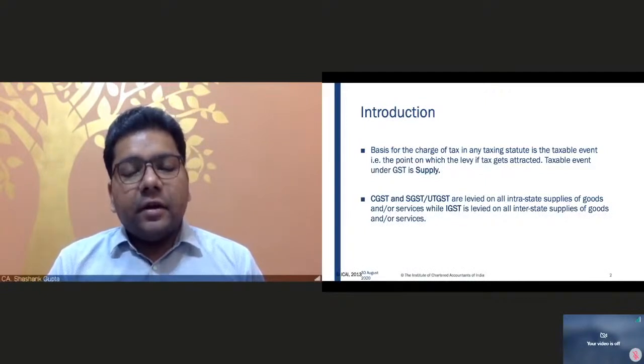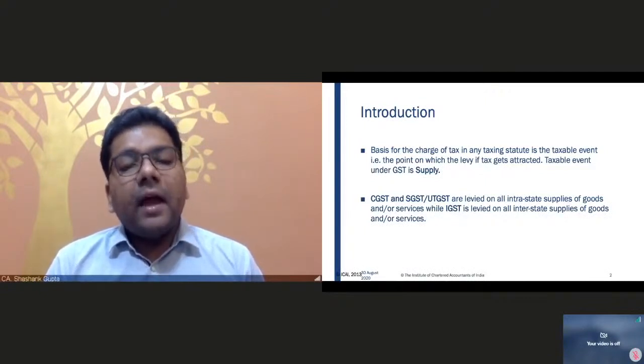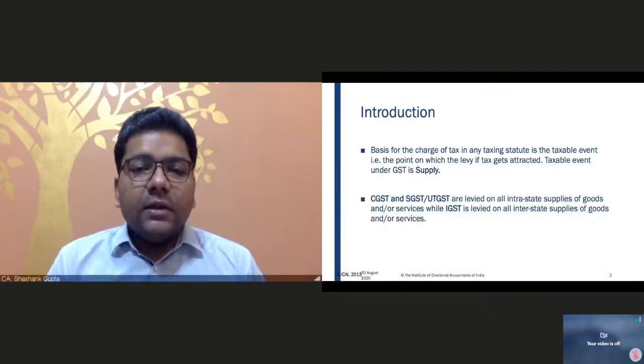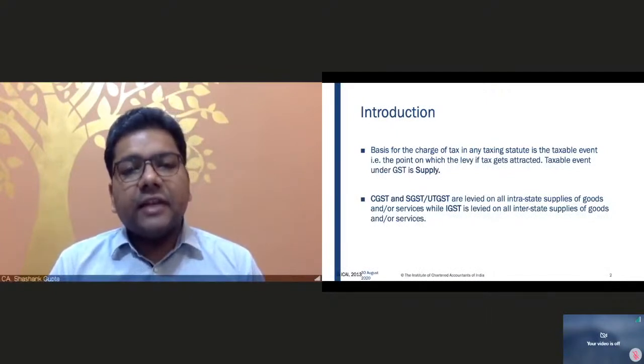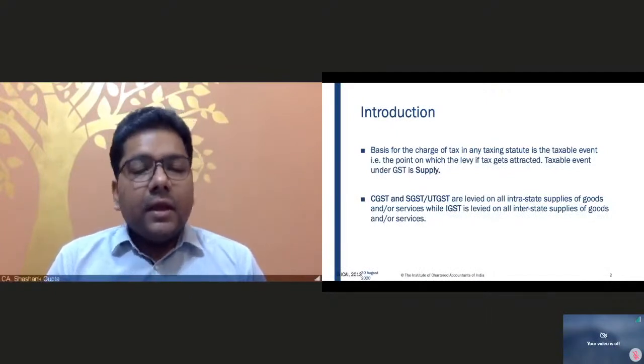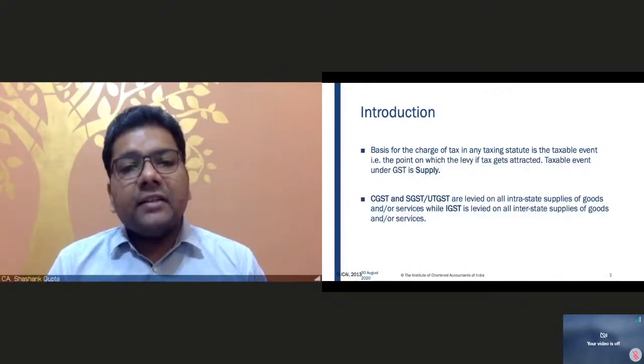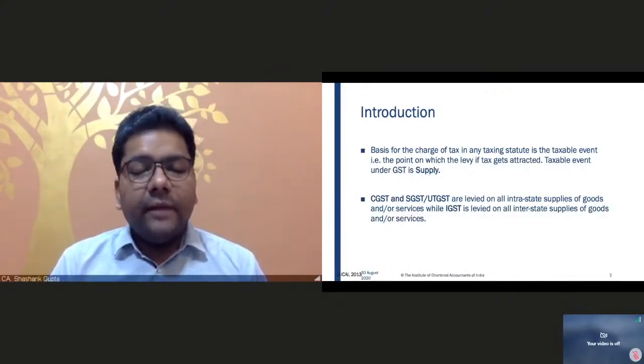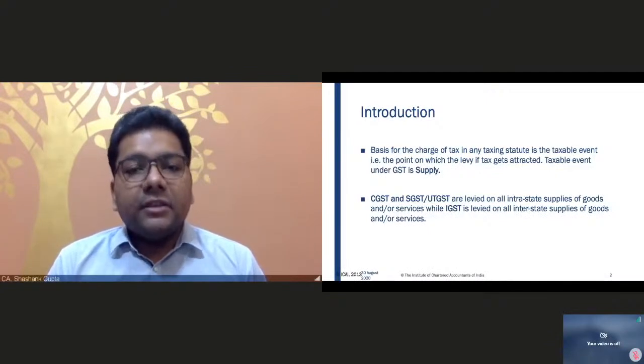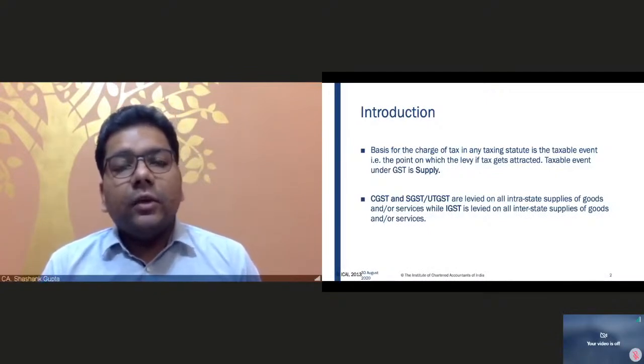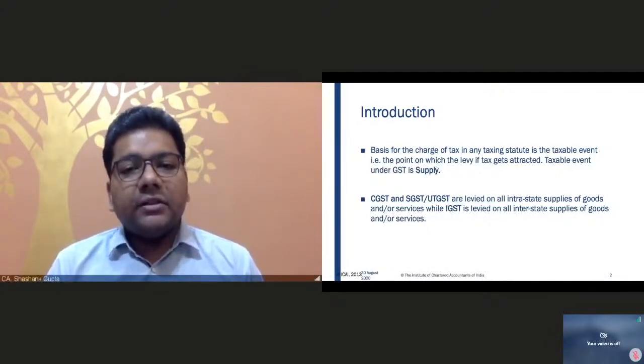CGST, that is Central Goods and Services Tax, and SGST, that is State Goods and Services Tax, shall be applicable. If the transaction is happening within a union territory, then CGST plus UTGST, that is Union Territory GST, shall be applicable.